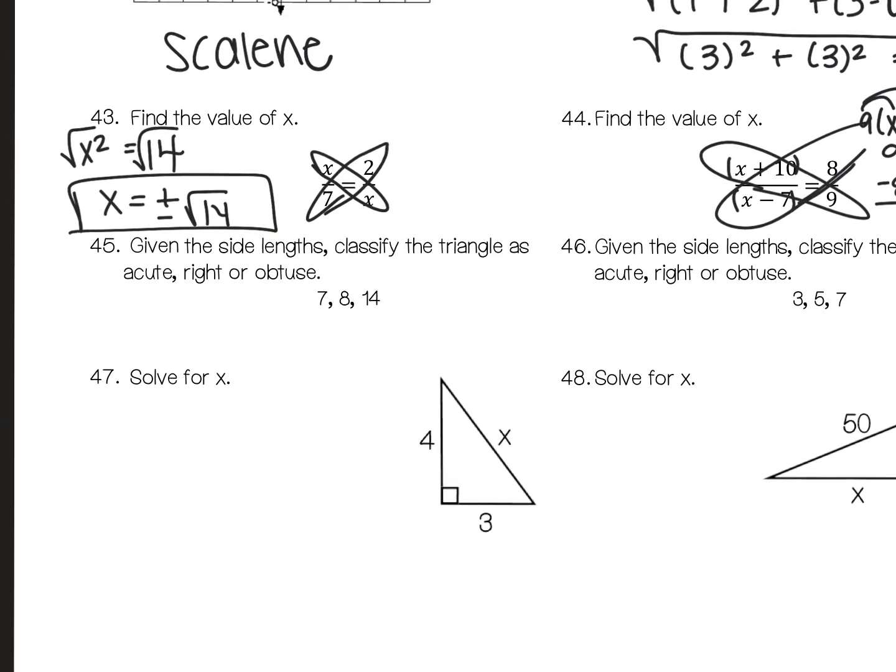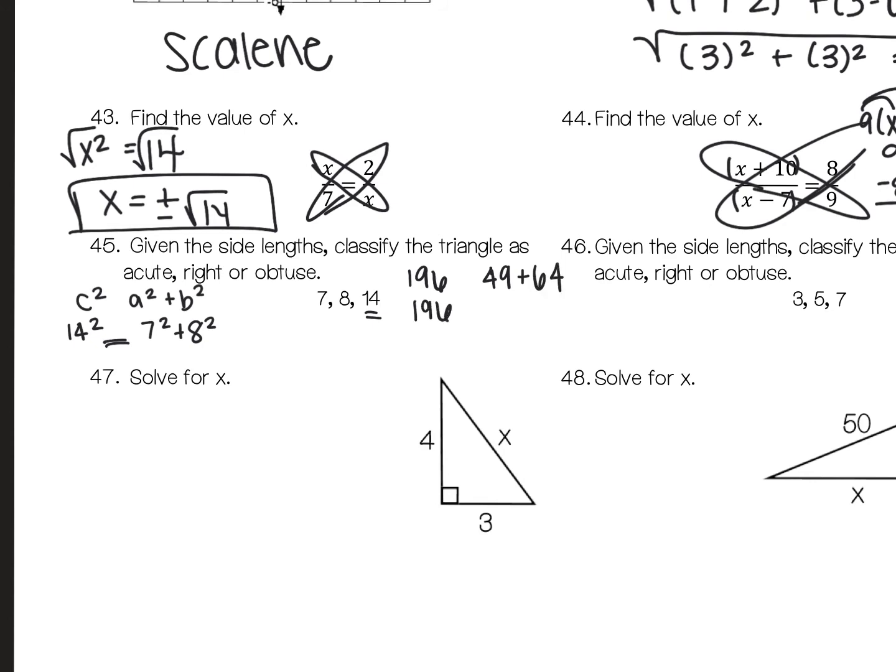If you want to classify a triangle, we are going to use this formula, and the most important part of it is that you put c squared on the left. Remember, c is always the largest side, so we're going to put 14 there. So 14 squared, you're going to leave a space, and then a squared plus b squared. 14 squared is 196, 7 squared is 49, 8 squared is 64, and then we're just going to add those two together.